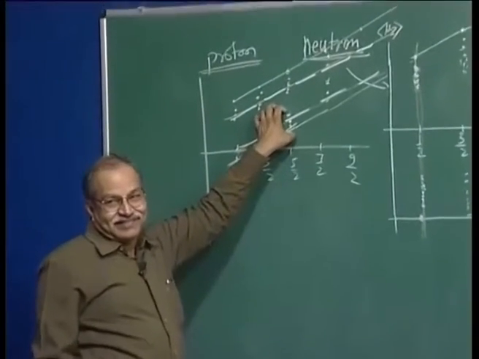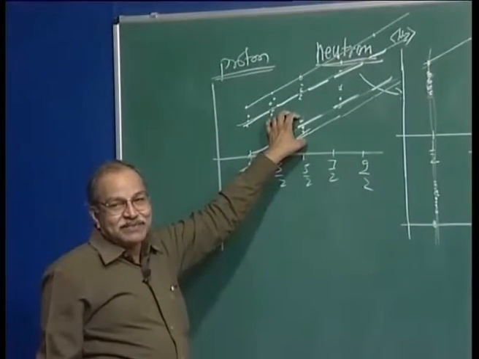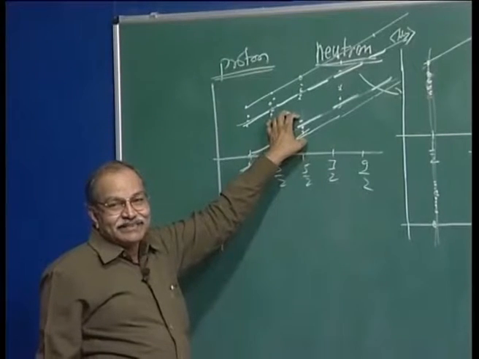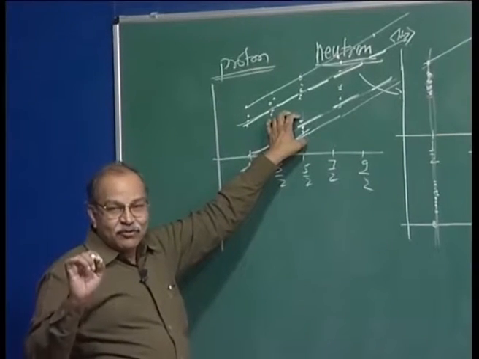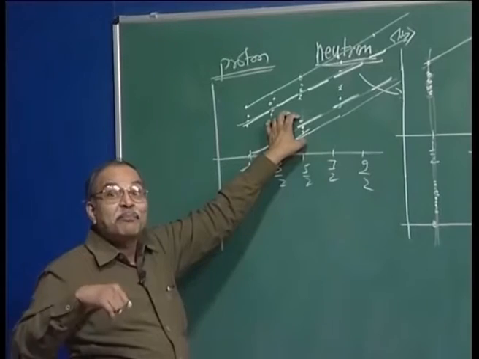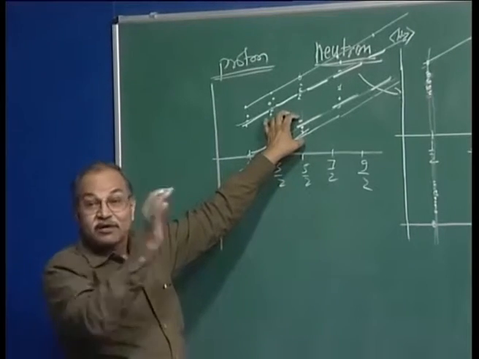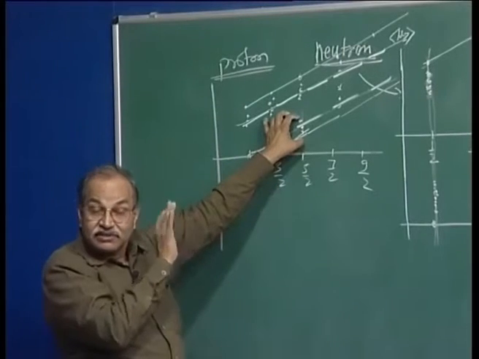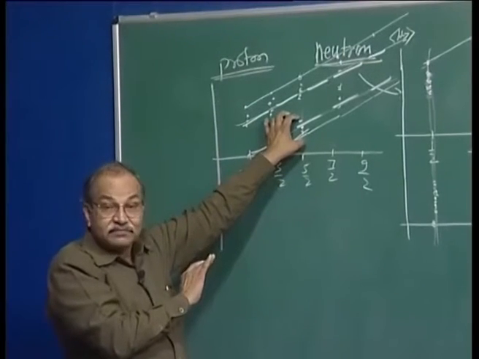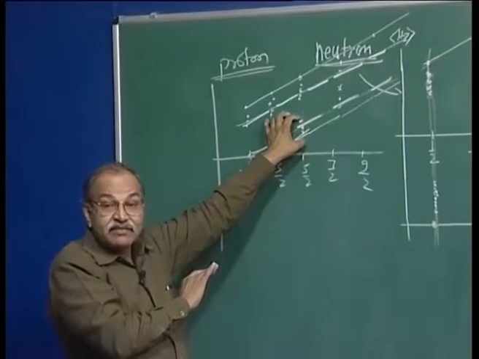So, maybe both things are there. Magnetic moment can also come from the so called paired particles, a little bit of it, and part of it coming from this different value of Gs.